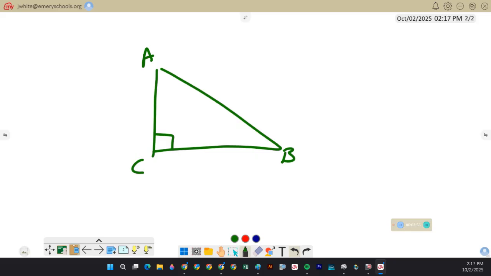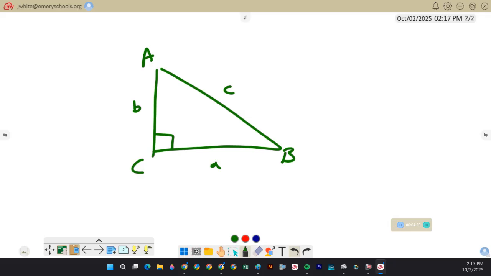Wait, I thought side C can't touch the triangle. Oh, side C. So that's a good point. These are angles. So most of the time when we draw triangles, side A is opposite angle A, and side B is opposite angle B, and side C is opposite angle C. So we usually list angles as capital letters and sides as lowercase letters.